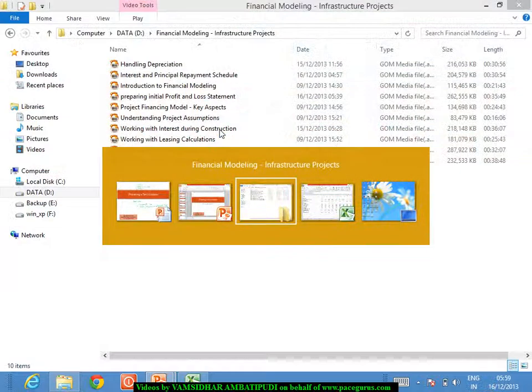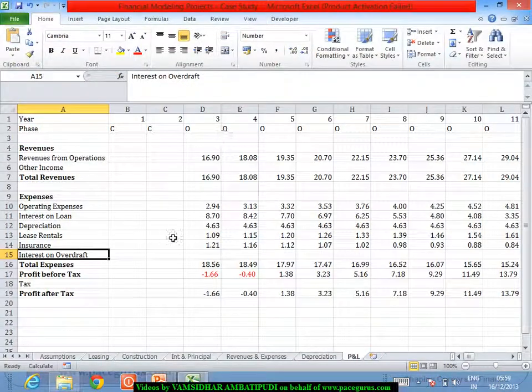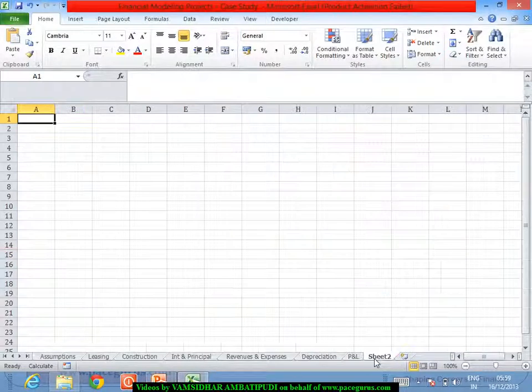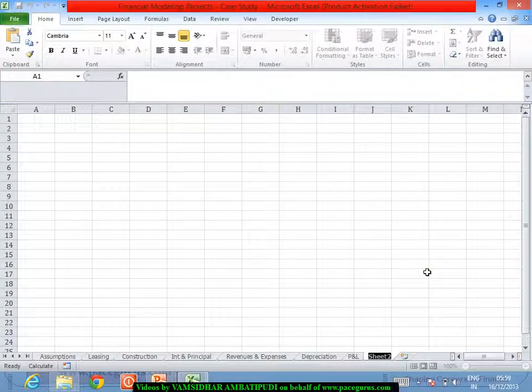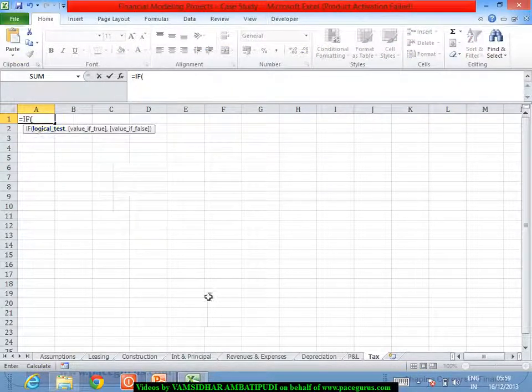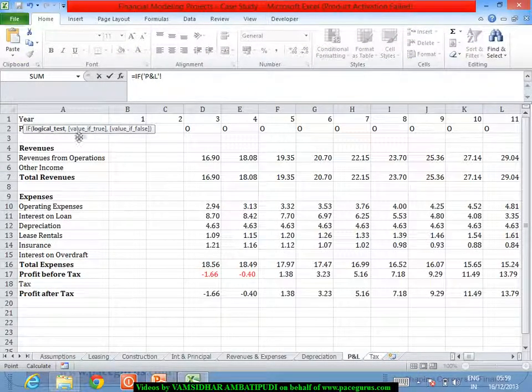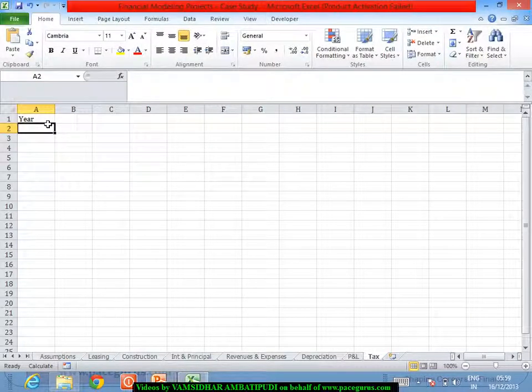So what I'll try to take up is, we'll create one more sheet for tax computation. And because this is also a yearly schedule, I will keep the first two lines more or less the same. If this is equal to blank, leave it as blank, otherwise populate it with this particular value.